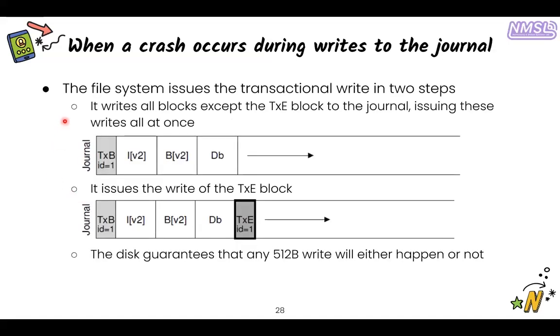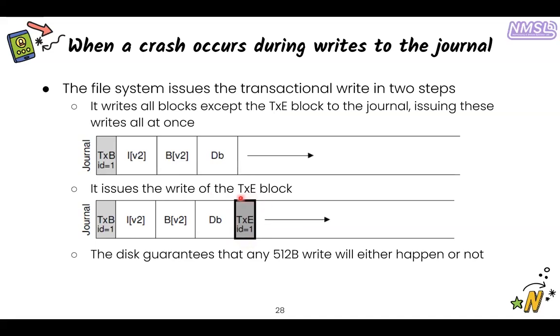Now, as I mentioned, the problem gets trickier when we have a crash during writes to the journal. So here, the system would issue a transactional write in two steps. First, it would write all the blocks except TXE, and you issue these writes all at once. And then it issues the write of the TXE.